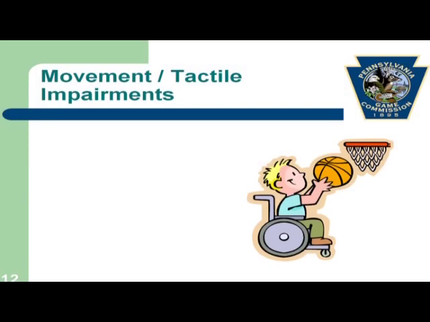Movement or tactile impairments. There are many different types of these impairments. Some of the more common ones you may run across as an instructor include cerebral palsy, spina bifida, or degraded or loss of limb use due to accidents, injuries, or disease. Cerebral palsy is not a disorder with a single cause.